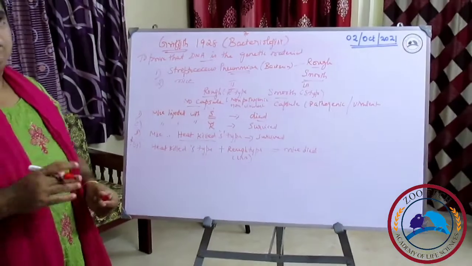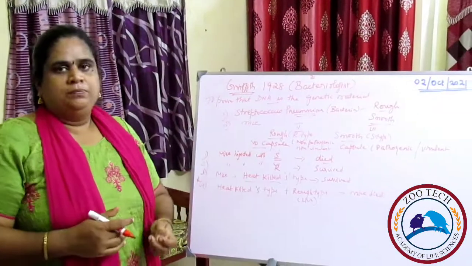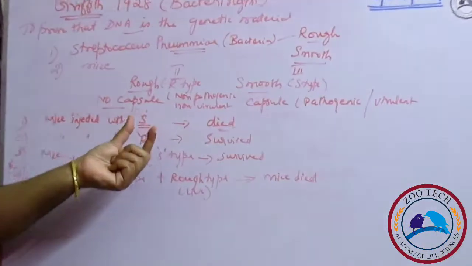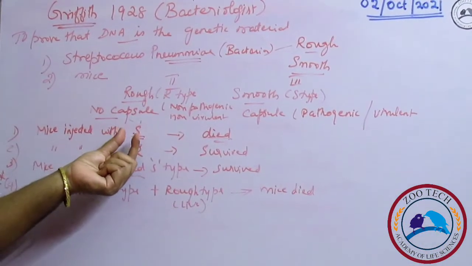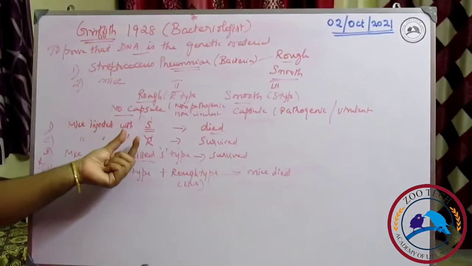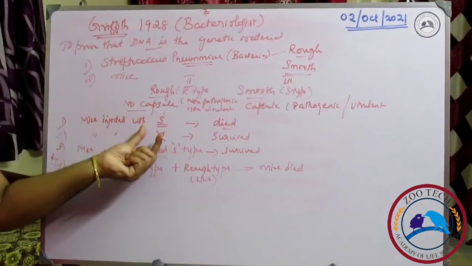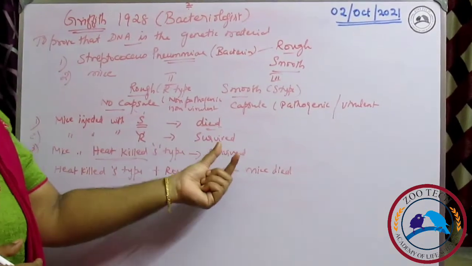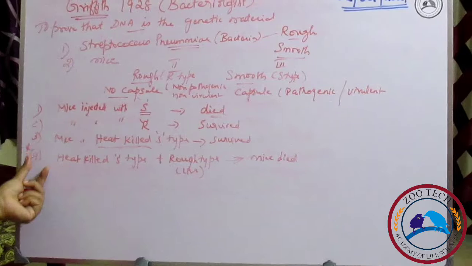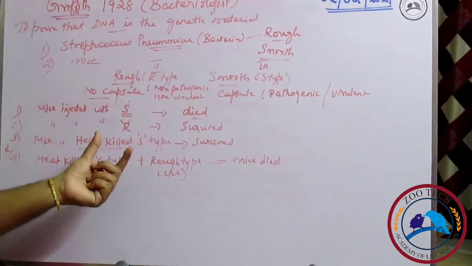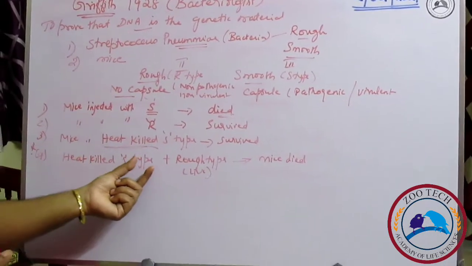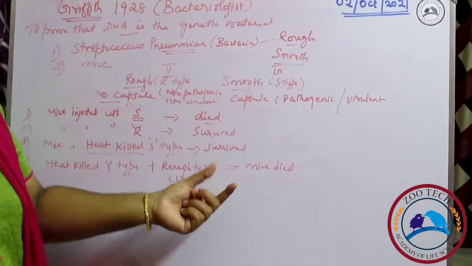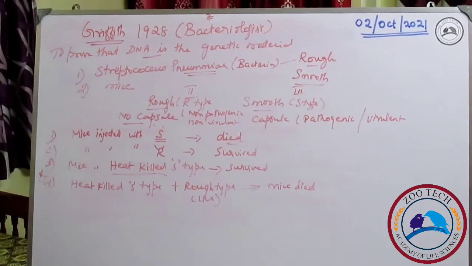Now the confusion arose for Griffith. When performing individual experiments with the smooth type, of course it is pathogenic and virulent, the mice died. With the rough type, the mice survived. With heat-killed S type, the mice survived. But when he combined both, the heat-killed S type and the rough type, the mice died.